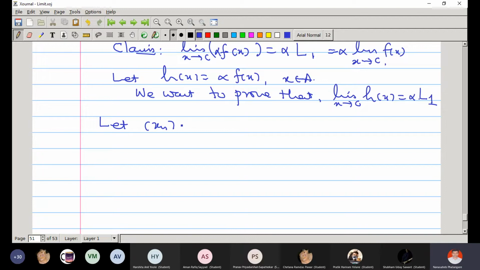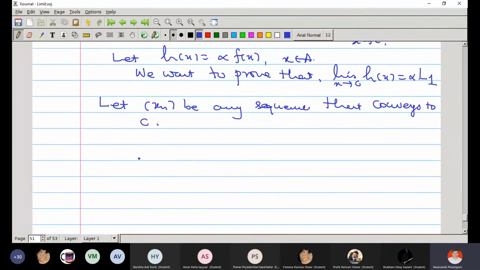Therefore, we choose a sequence now. Let xn be any sequence, any, not specific, that converges to c. That is any sequence in the domain. It makes sense only if xn is in the domain, then we can talk about f(xn).